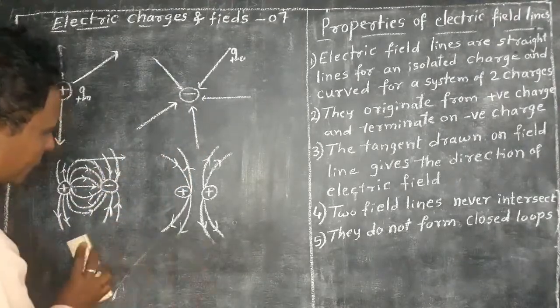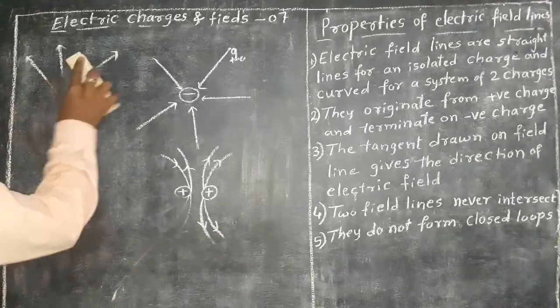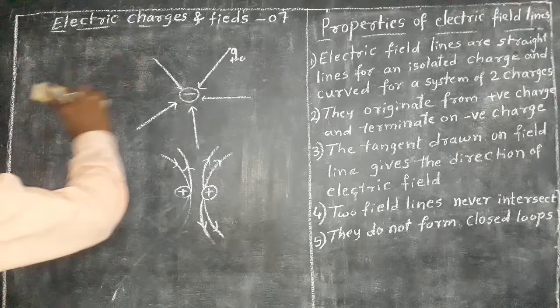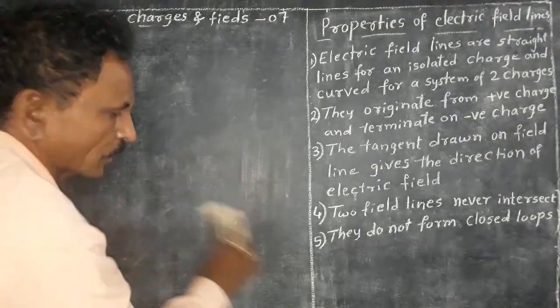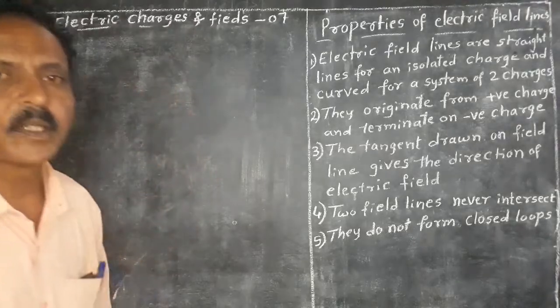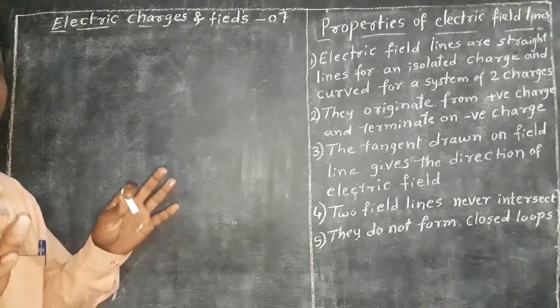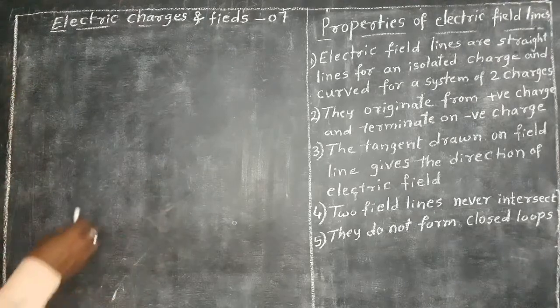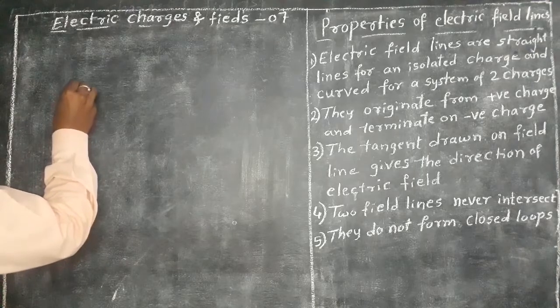And now we shall discuss electric field, electric intensity. The space surrounding a charge is called electric field. Consider a positive source charge.